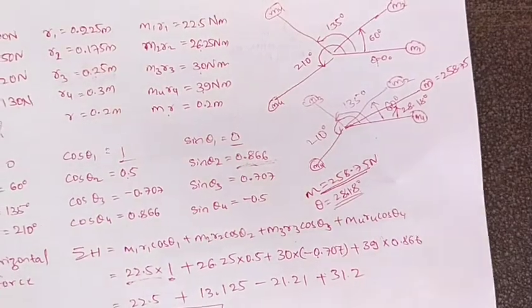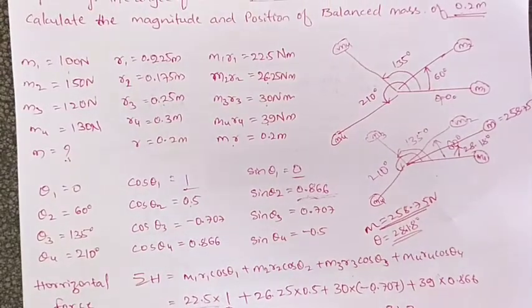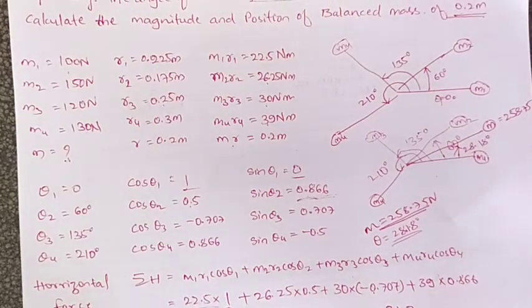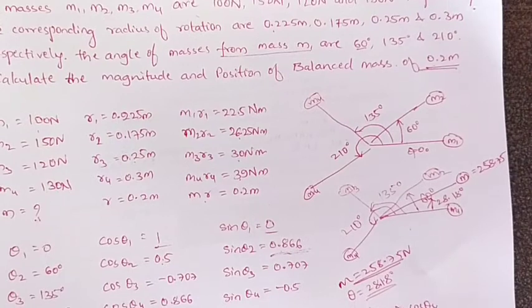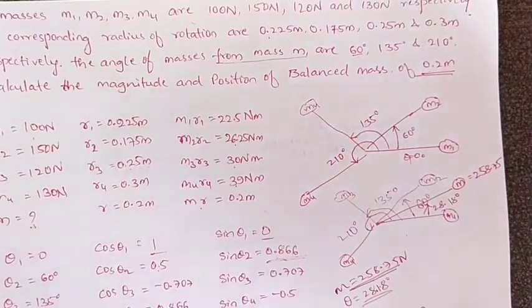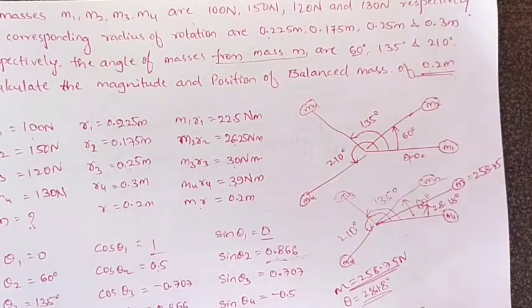Okay, so these are the problems we have seen. That is, when the angles are given from mass 1, and when the angles between successive masses are given, we have solved these two types of problems.